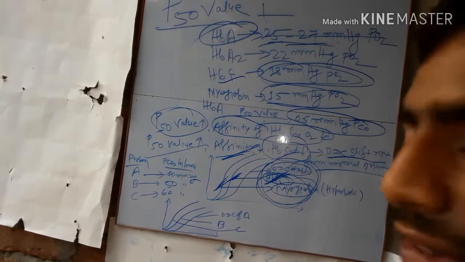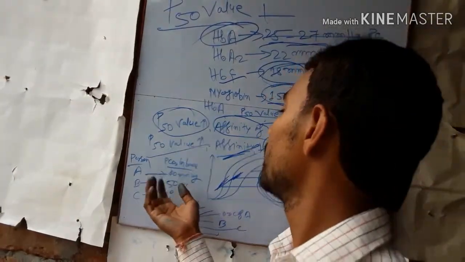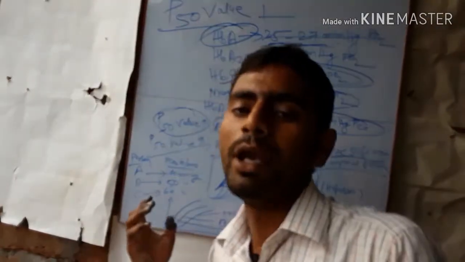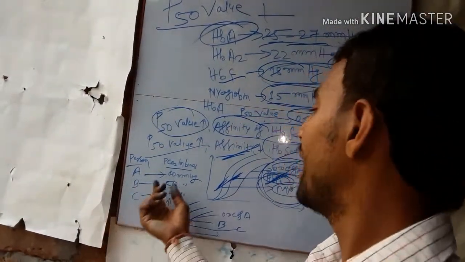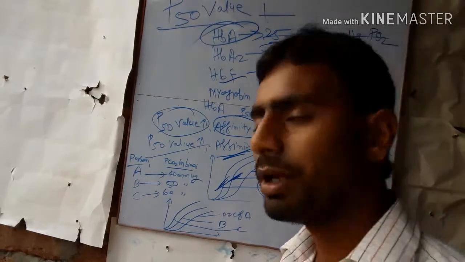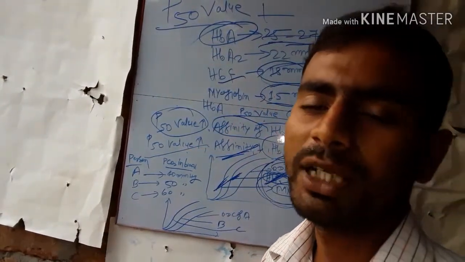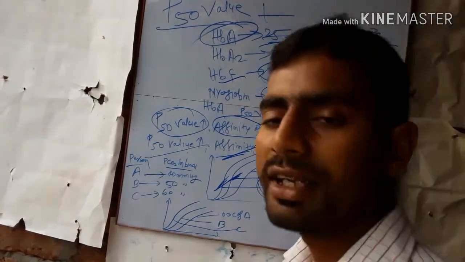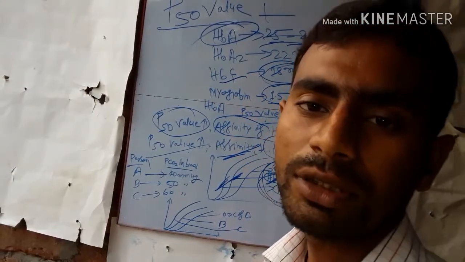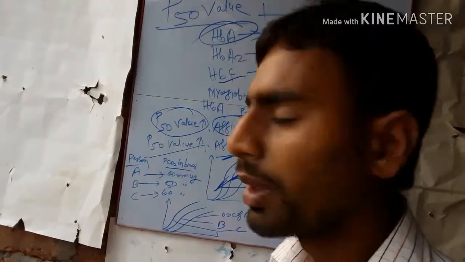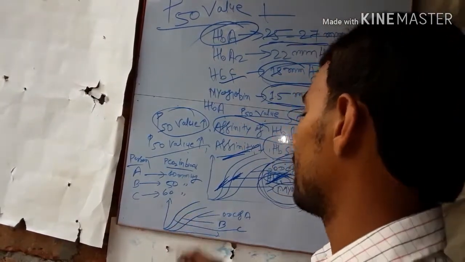But if you take the example of a person and the partial pressure of CO2 in blood: person A, whose partial pressure of CO2 in blood is 40 mmHg, the second is person B, whose partial pressure of CO2 in blood is 50 mmHg, and the third person is C, whose partial pressure of CO2 in blood is 60 mmHg.